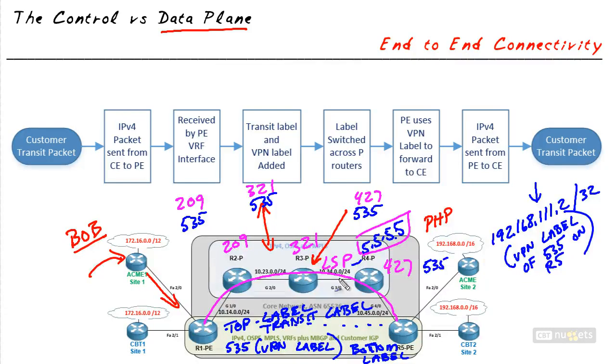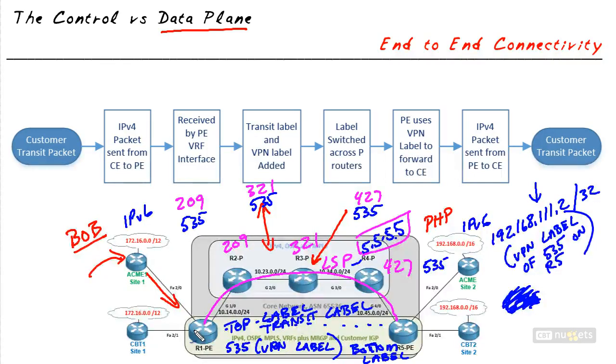Another really cool feature about having this label switch path, where our core routers only care about that top transit label, is that we could tunnel all kinds of stuff across this IPv4 network because the core routers aren't looking any deeper than the top label. So for example, if this customer over here wanted to run IP version 6 and they wanted IPv6 connectivity from site to site, we could actually pull that off by effectively hiding the IPv6 traffic as it's tunneled over the label switch path across the core network.